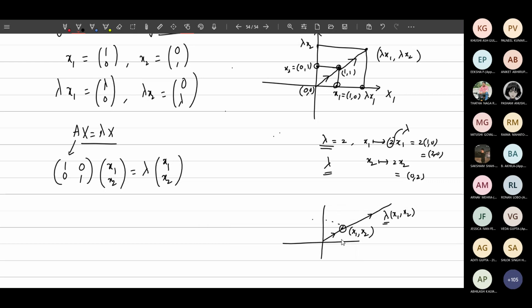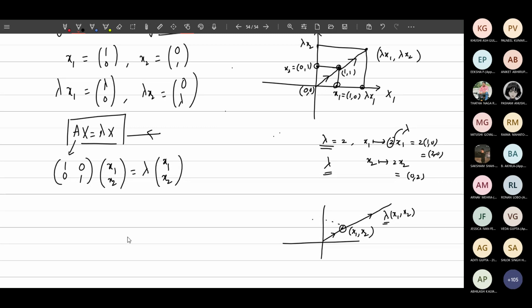That means whatever you have scaled is satisfying the matrix equation Ax equal to lambda x. So a vector in the same direction, with magnitude varying, satisfying this condition, is called eigen.